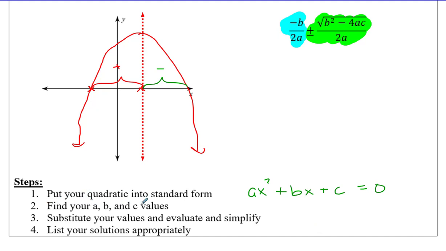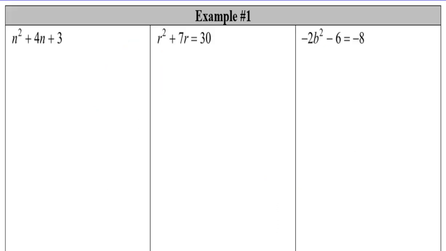Then we want to find our A, B, and C values. Then we're going to substitute those values into our quadratic formula, and then we'll list our solutions appropriately. Remember, these just take time. I got a good chunk of examples for you here and some nice healthy homework for us to do.